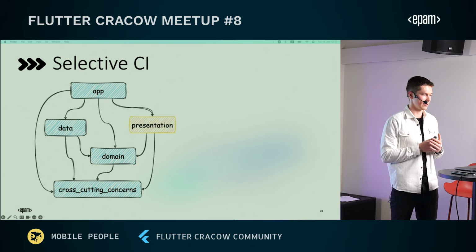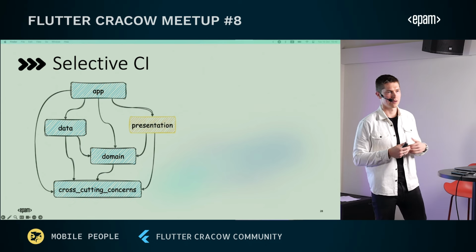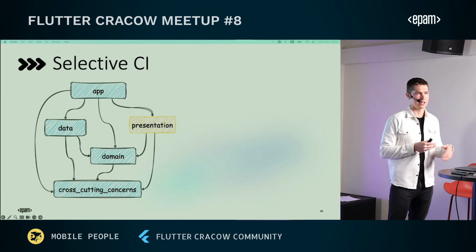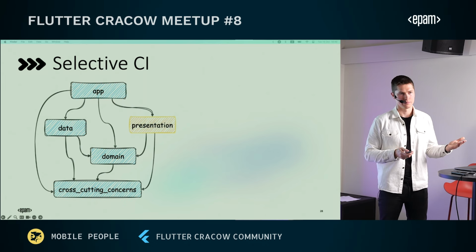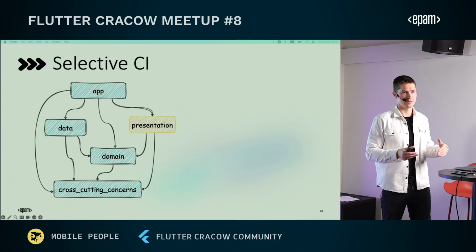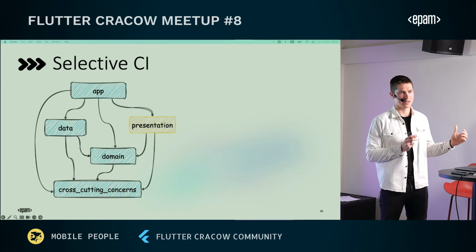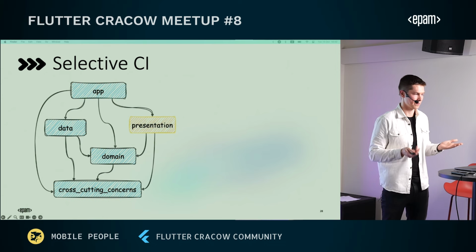This means that you don't have to run all of your checks, like all of the tests, all of the formatting, analysis, etc. You don't have to run all of those checks on, for example, the data package or on the main package, because those packages don't have any dependencies on presentation. And assuming you didn't touch those packages in your pull request, it will simply be a waste of resources.